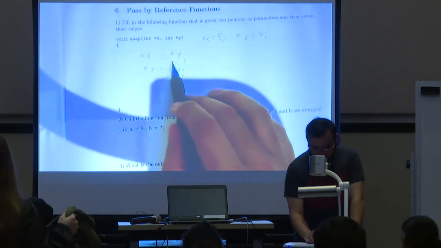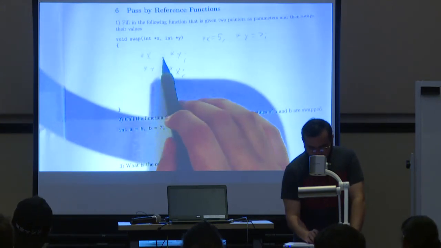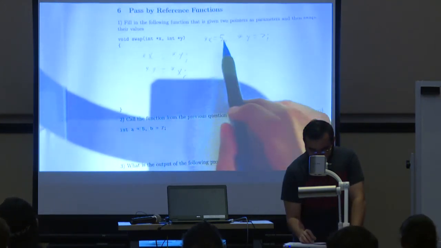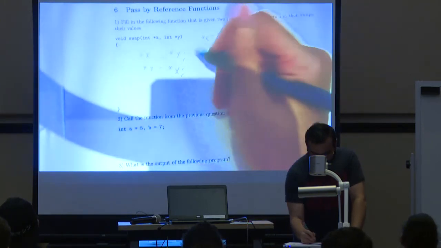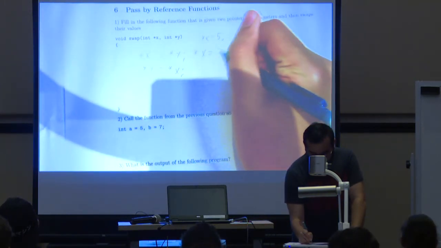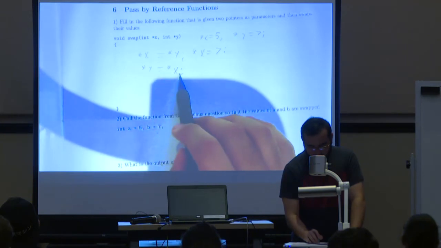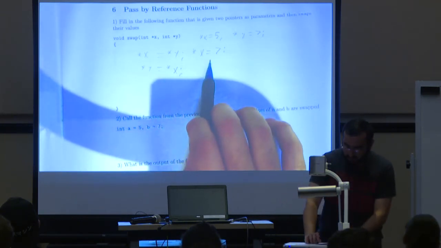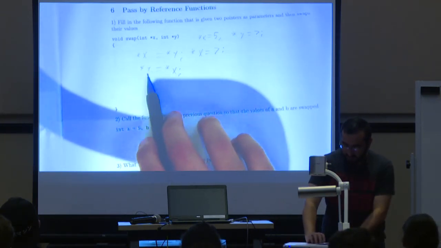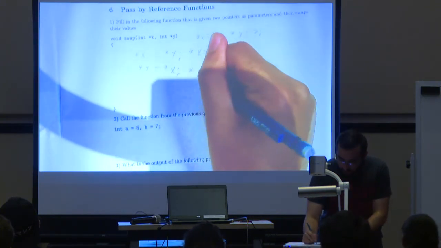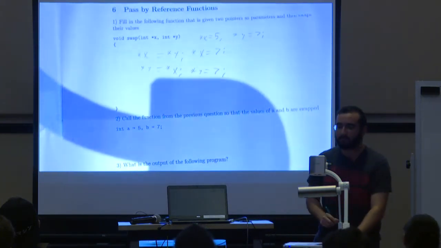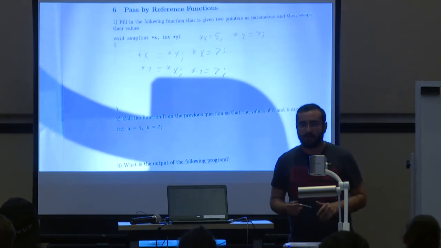Well, what's happening after these operations? We're saying star x is equal to star y, so this 5 is now changing to a 7, so star x equals 7. And then we're saying star y is equal to star x. Well, we just changed star x to 7, which means all we're saying is just set star y also equal to 7 again, which didn't really swap our values, it just made them the same.